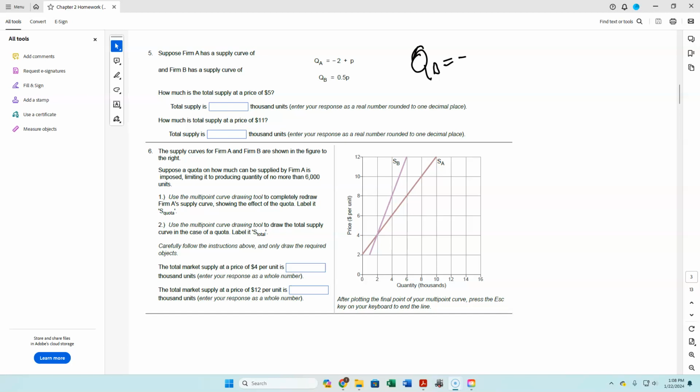You'd have -2 plus 5. And for firm B, right, and then you would solve these and add them to get the market supply at the price of 5. And then you would repeat that again, in this case, for the price of 11.